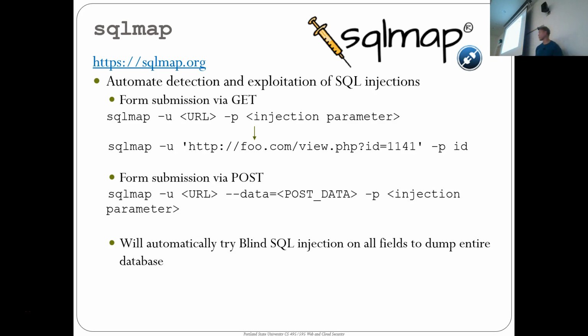SQL Map is a tool that specifically tries to compromise databases. What it will do is find all the injection points and see if it can inject in any of the form parameters. Then it'll automatically see if it can do a blind SQL injection attack to dump all the tables.